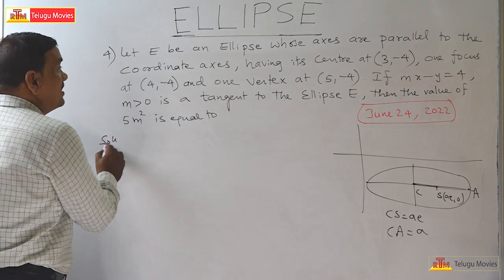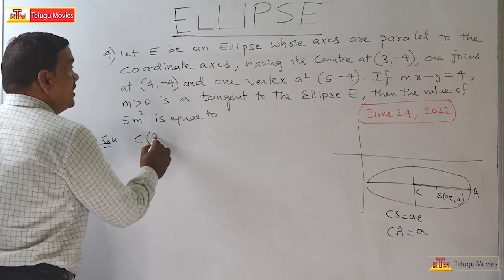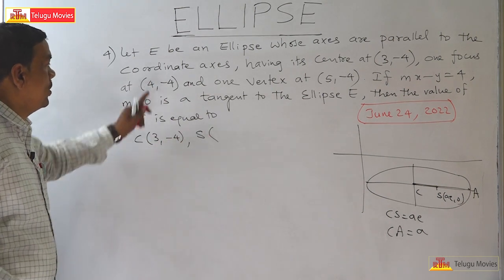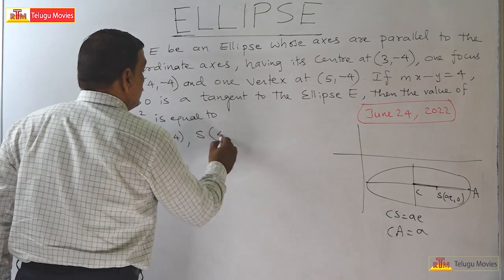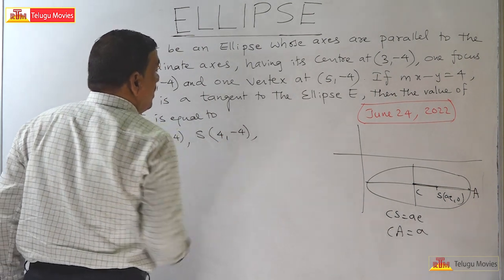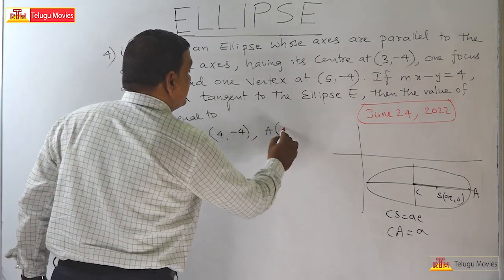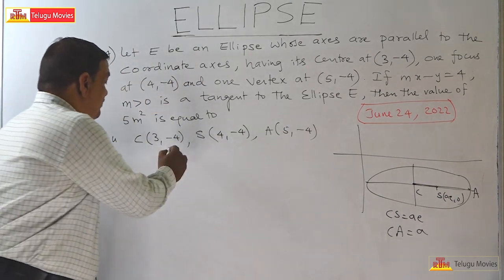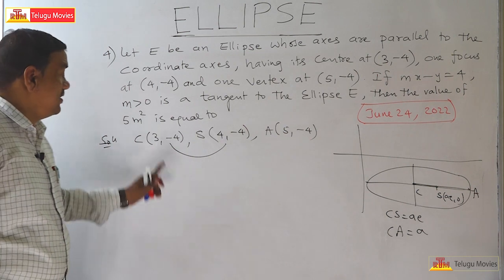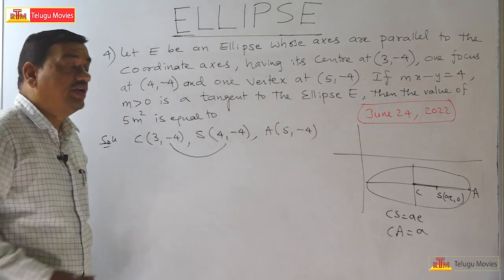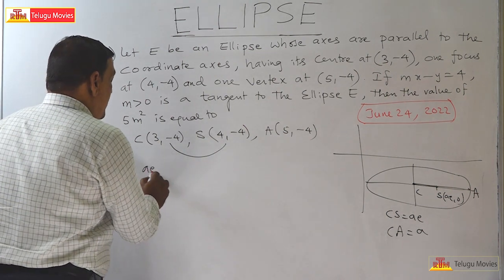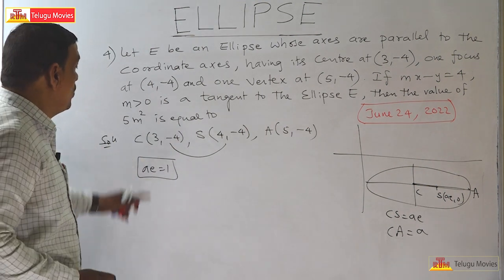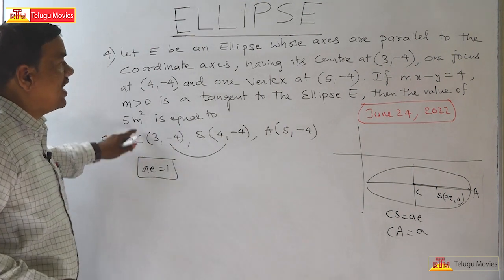So it is given that the center is 3 comma minus 4, the focus is 4 comma minus 4 and the vertex A is 5 comma minus 4. What is the distance between C and S? If you observe 3, 4, only one unit. Therefore, AE is equal to 1.